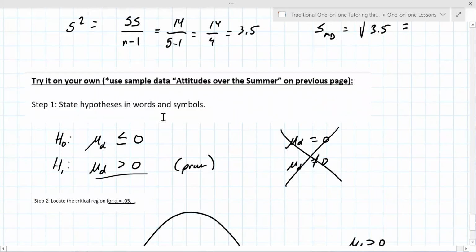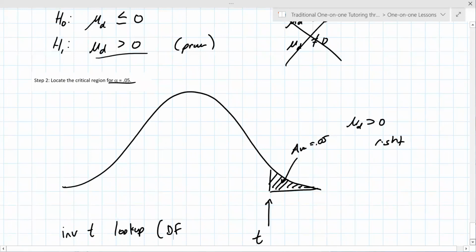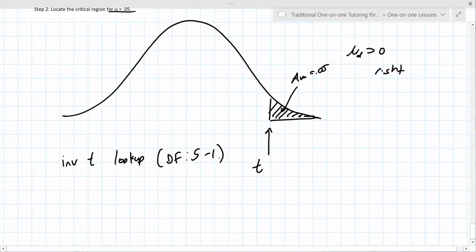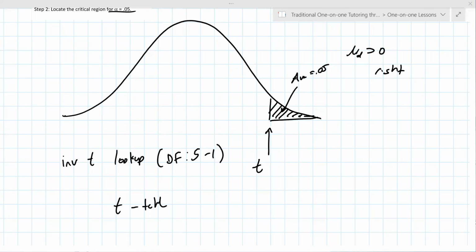So you have 5 participants, so your degrees of freedom here is 5 minus 1. You're looking at a t table, or using your calculator, whatever you like, and you're coming up with that number.